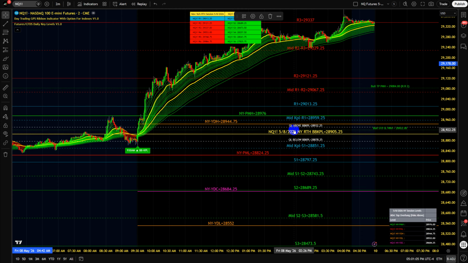When we are adjusting the stop loss to break even, what we're doing is adjusting the stop loss to the executed price that we paid for the position. So in this case, that would be 28,926.75.